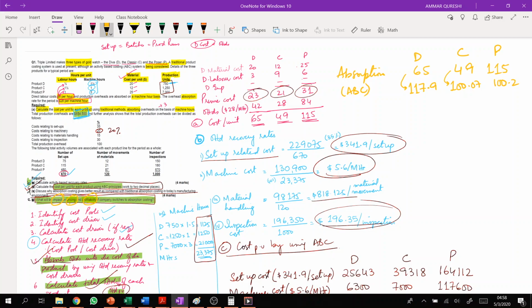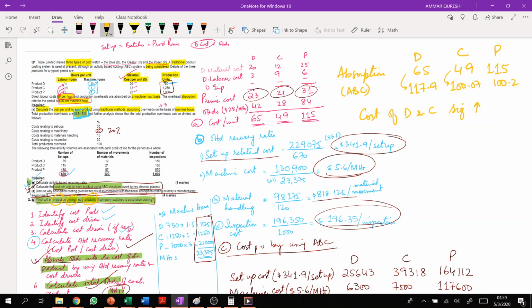So the first option the company has is to increase the selling price, right? But the cost of product D and C has significantly increased.